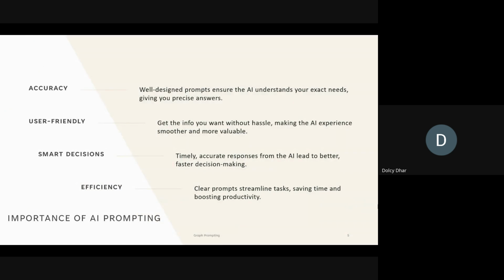So now, the importance of AI prompting. Why do we need AI prompting? Like I told you, it has made our lives easier. These large language models are very difficult to code, and it takes a lot of years and a lot of training to get them to do what they're doing right now.